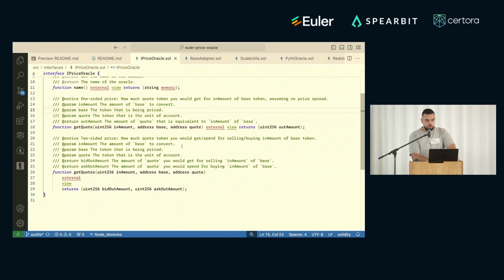Now, you will also notice we have the getQuotes method, and Derek alluded to that as well. It returns the bid and ask prices for this asset. And this is how things are actually priced in the real world. If you take any asset on an exchange, it's always going to have a price that you can buy it for and a price that you can sell it for.